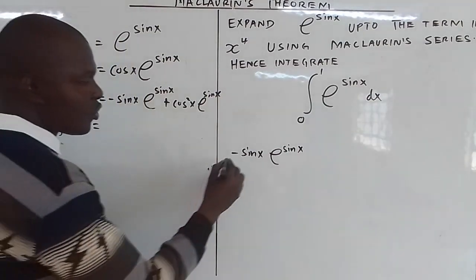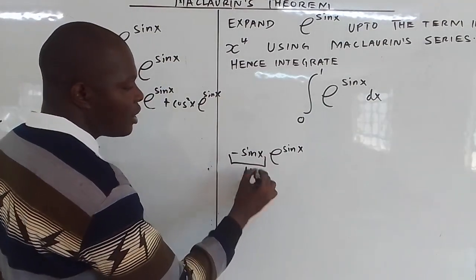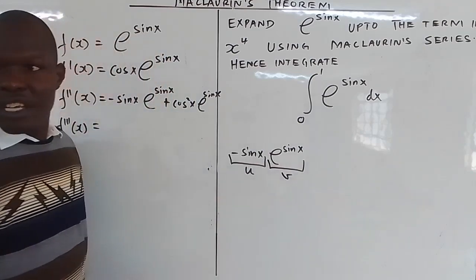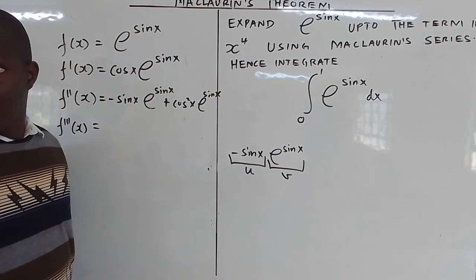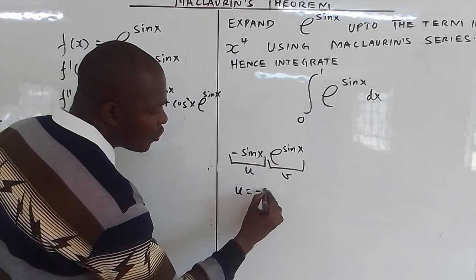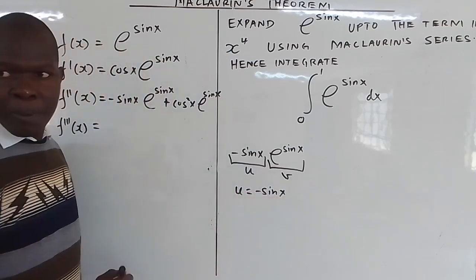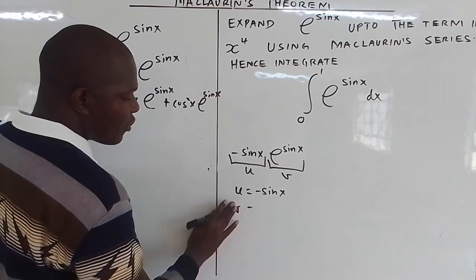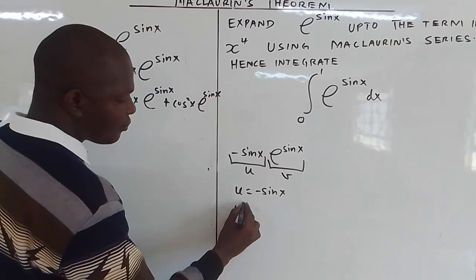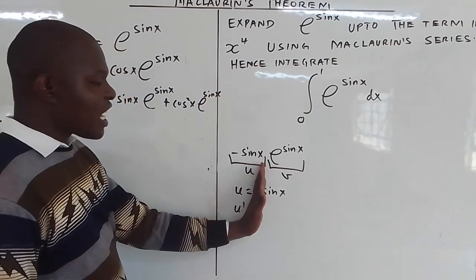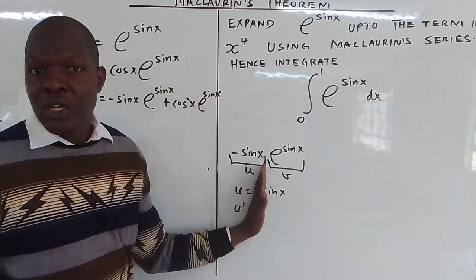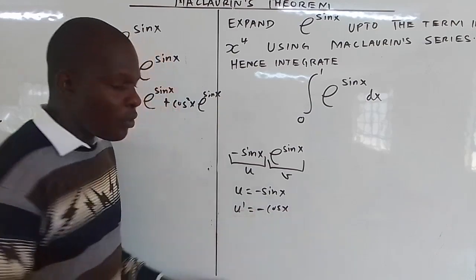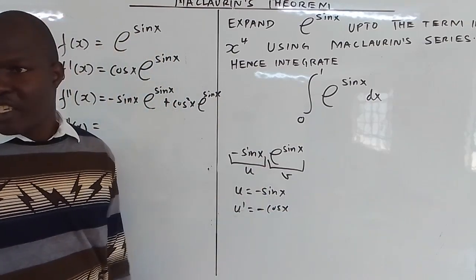You let this to be u and the second function to be v. So u is negative sine x. If you differentiate u, negative you factor outside, if you differentiate sine, you get cos x. So it is going to be negative cos x.